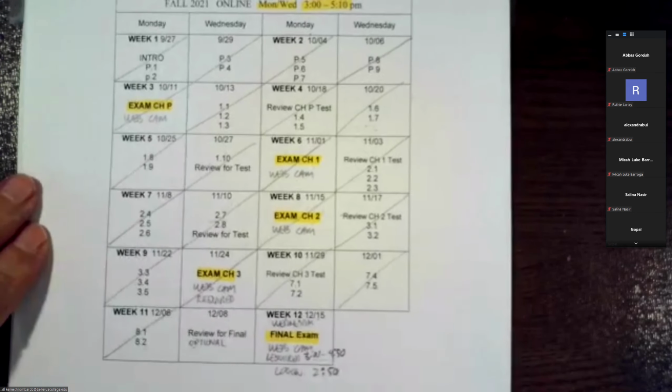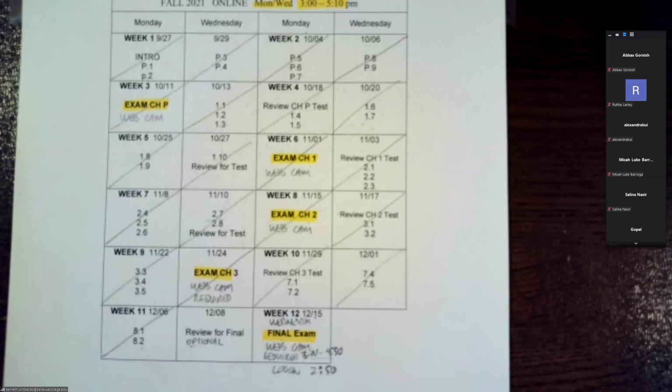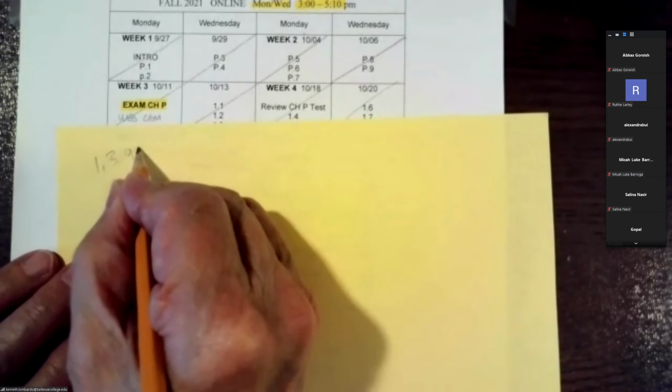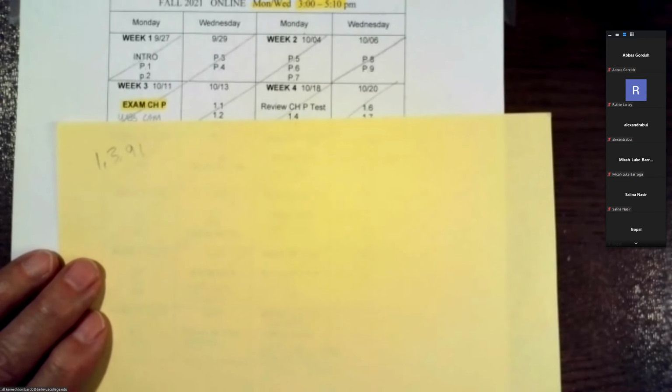1.391. 1391. One, three. See if I can find it here.